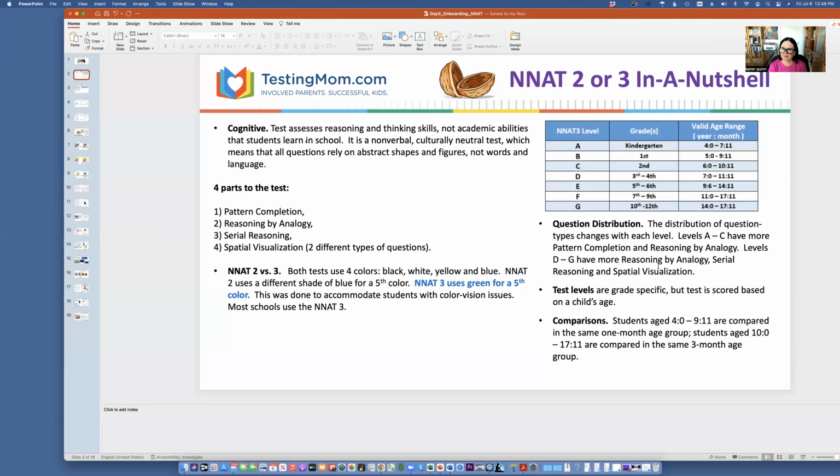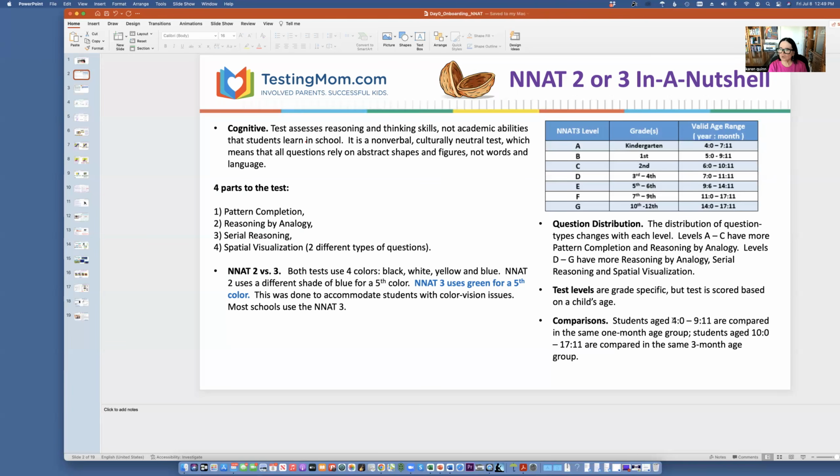The test levels are grade specific, but they score the test based on your child's age. So if you have a younger or older child, they happen to be in 3rd grade, they're going to score it based on looking at your child's score versus kids of about the same age.